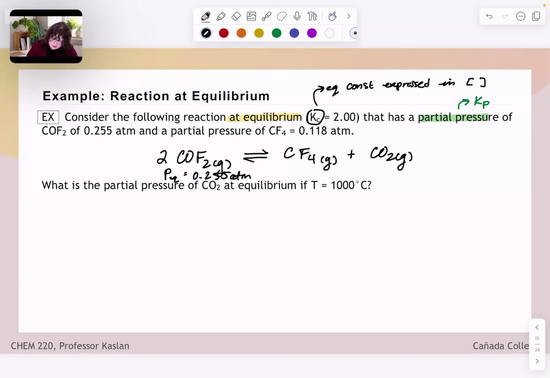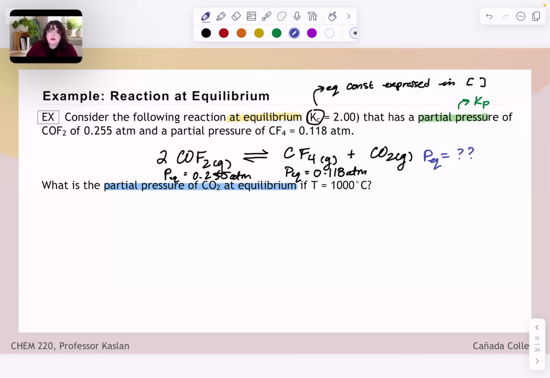And we know the partial pressure of CF4 is 0.118 atmospheres. And we are asked to find, so always a good idea to identify our goal, what is the partial pressure of CO2? So our goal is to identify the partial pressure at equilibrium of CO2 if we are at a reaction condition of 1,000 degrees C.